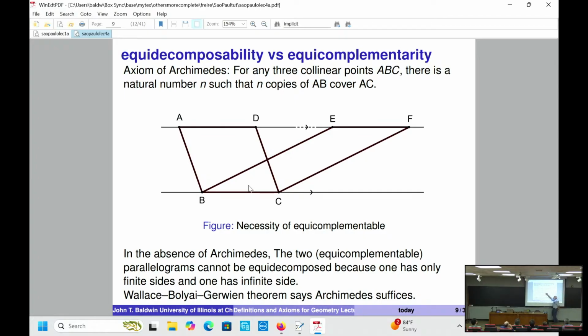Now, the claim is that they have the same area, and you are supposed to do that because you subtract this triangle and this triangle, and you get things that are equidecomposable. But they can't be, because this has infinite length.